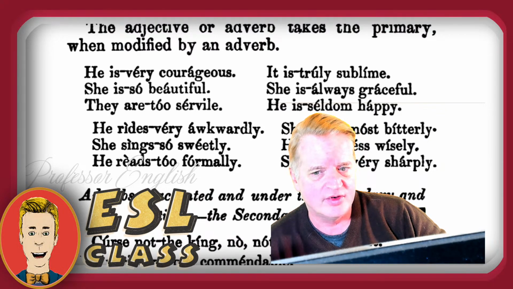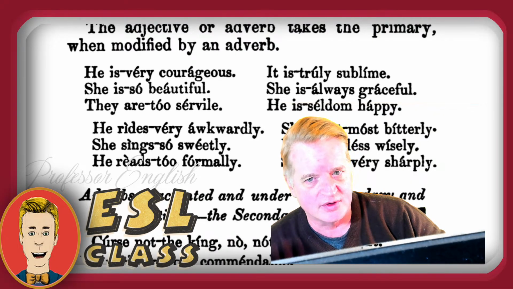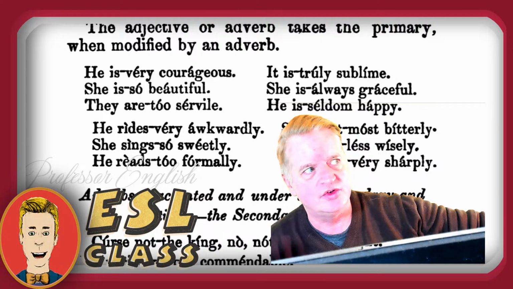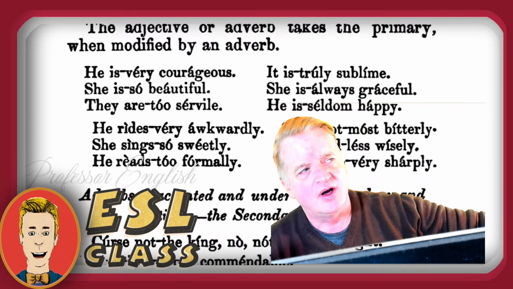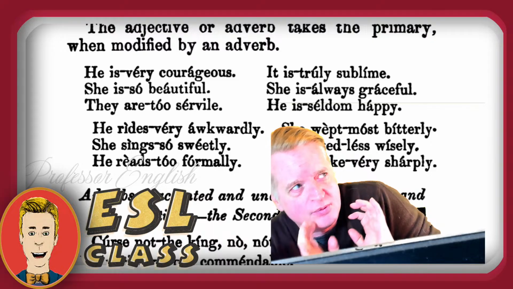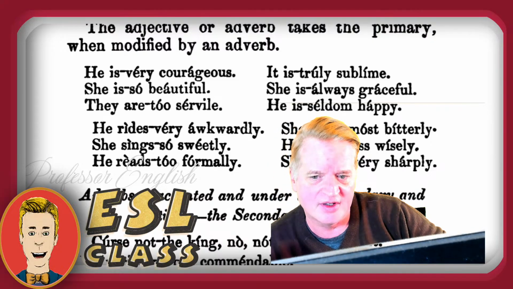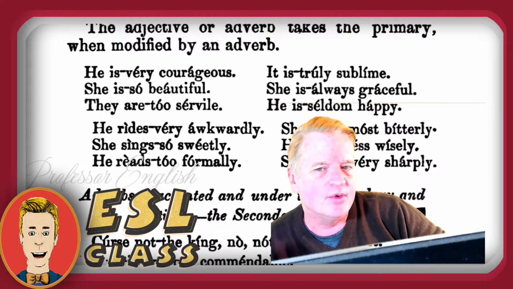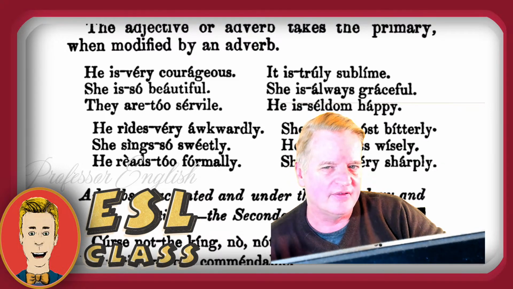But serve means somebody who's very servile means somebody who's very submissive, like a servant. Okay. So if you say they are too servile, that means they always say yes. They say okay, okay, we'll do it. Does that make sense? Yes. Okay. How would you read that? Which word will you put all of the emphasis on?